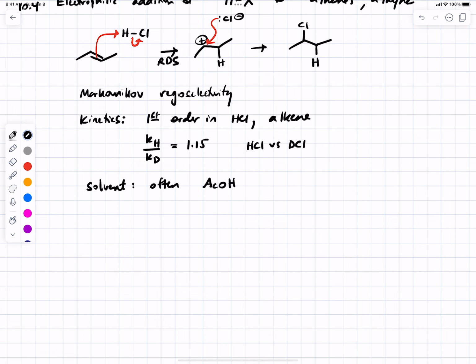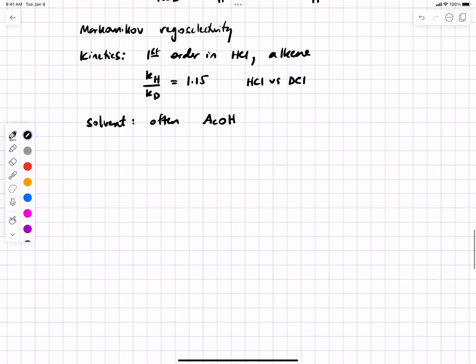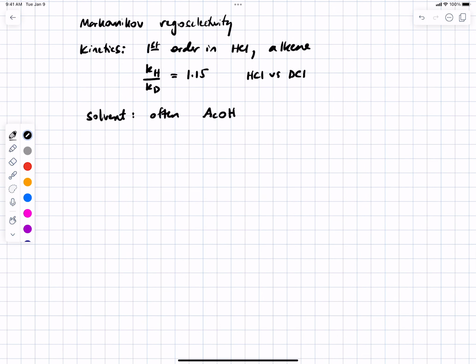So AcOH is acetic acid. Let me give you an example that demonstrates this complexity. Here's a starting material. HCl is the acid, and then acetic acid is the solvent. And we see the following products.